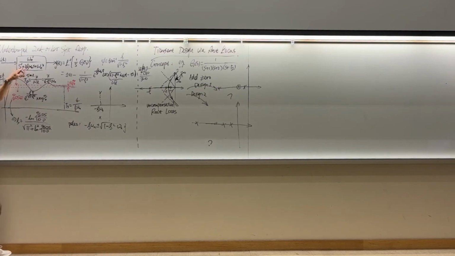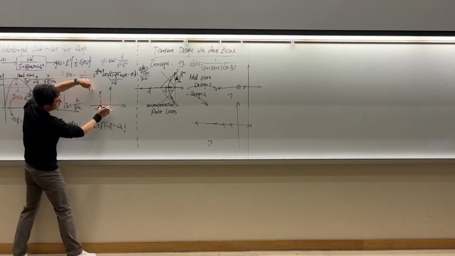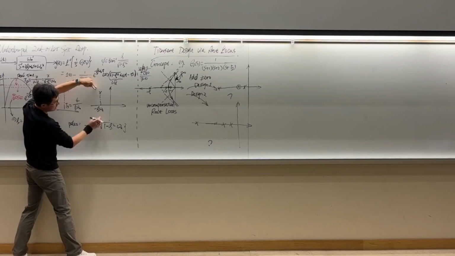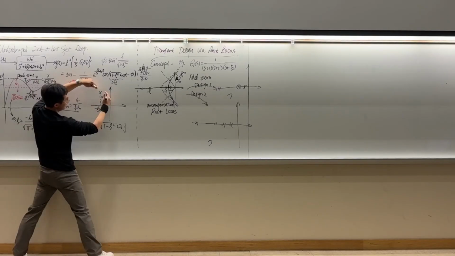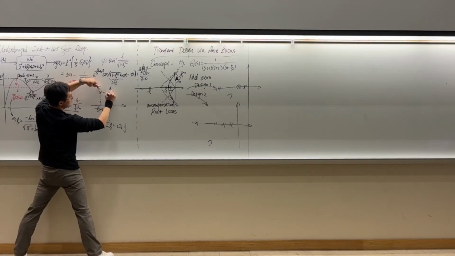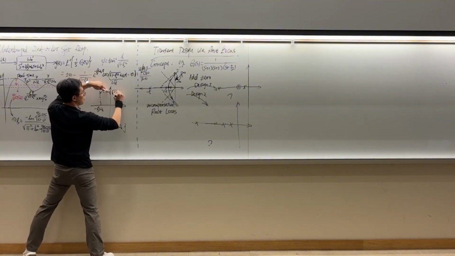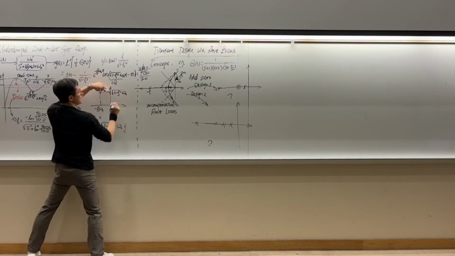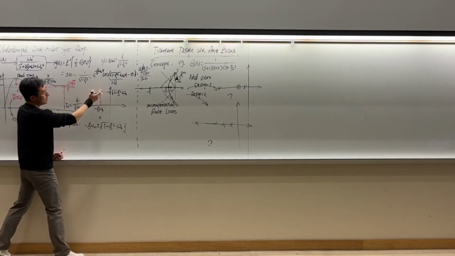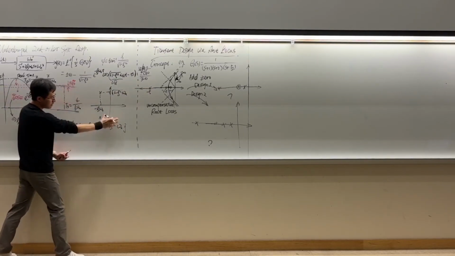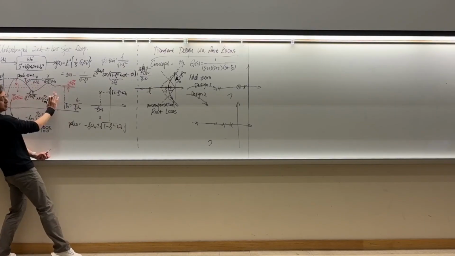That's the pole locations. Specifically, this is negative zeta omega n over here, and the imaginary component here is square root of 1 minus zeta squared times omega n. So that's how the location of poles is related to the system time domain behavior.